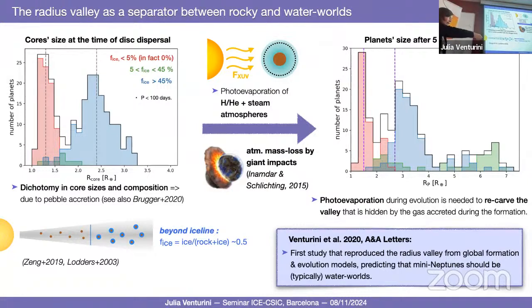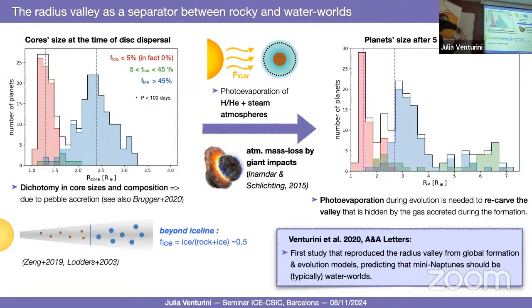And there are also other processes to take into account to lose mass. For example, there will be a phase of giant impacts. So we have some simple prescription to remove gas by giant impacts. And then we recover again this bimodality in the size distribution, the location of the radius valley. So both things are important.